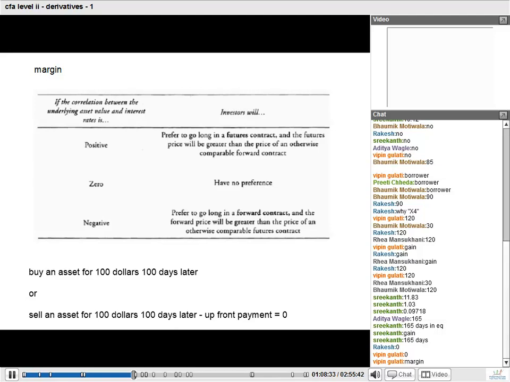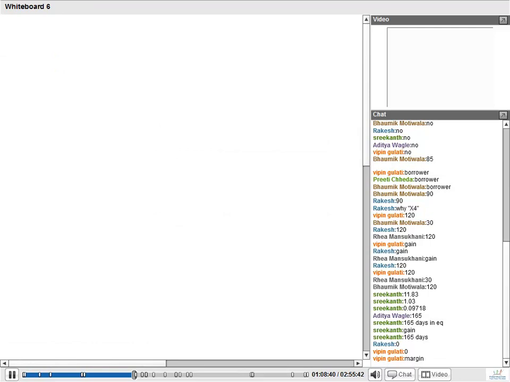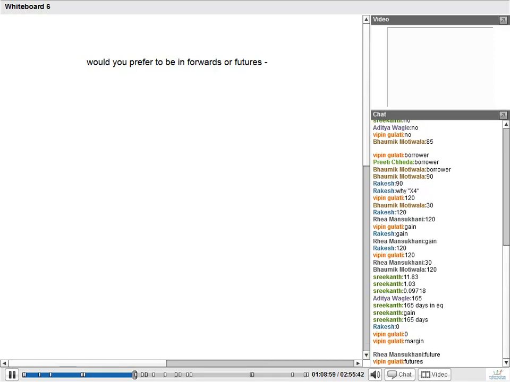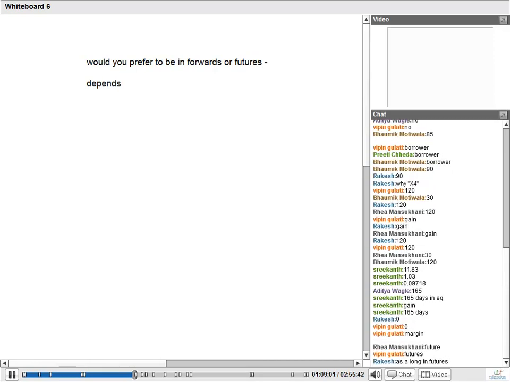Now the question is, would you prefer to be in a forward contract or in a futures contract? Would you prefer to be in forwards or futures? It depends.